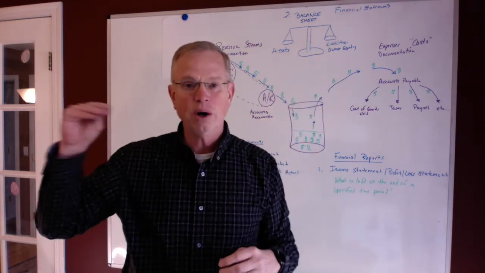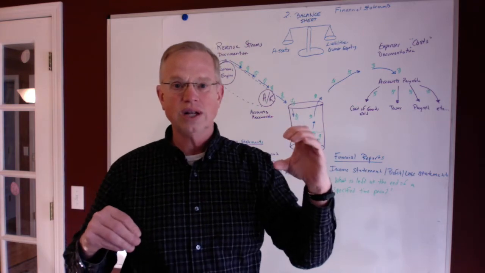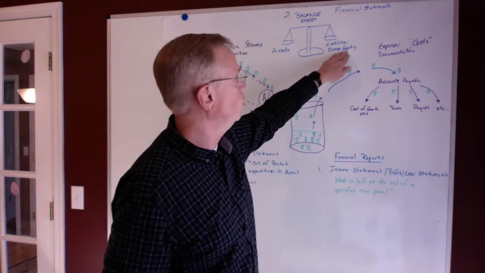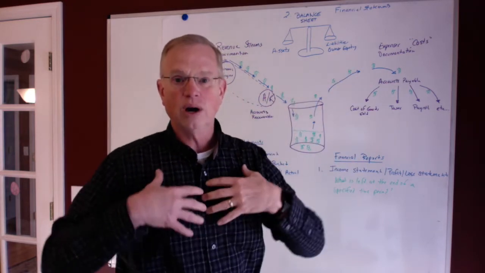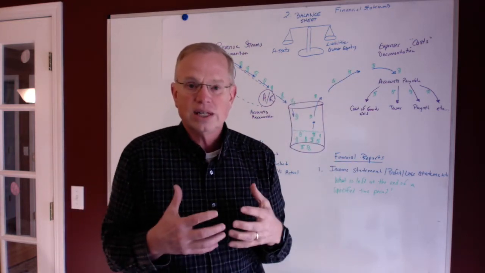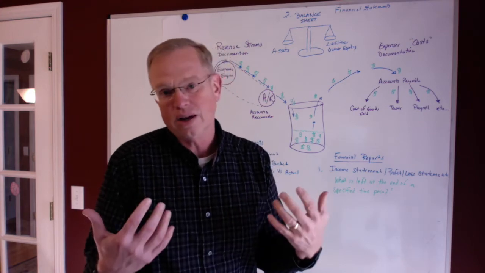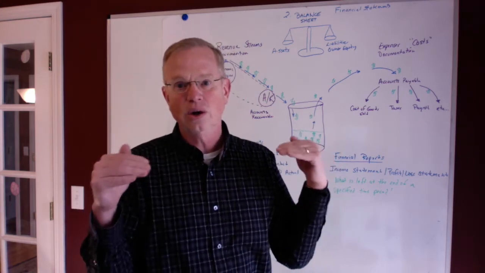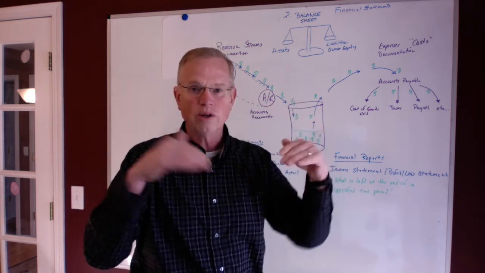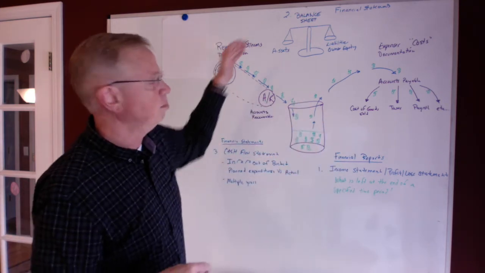If you have borrowed no money but you have $10,000 in assets, that means your owner's equity has to balance out. That means your owner's equity, or how much the owner has as a stake in the company, would be the $10,000, because it has to balance: $10,000 in assets, $10,000 in owner's equity. Real quick overview, think of a balance, because it's called a balance sheet.